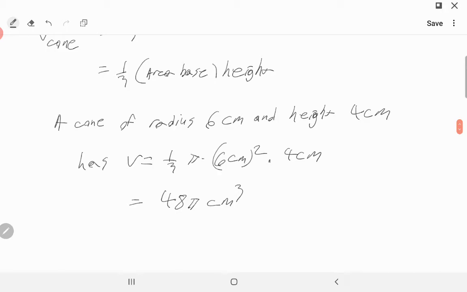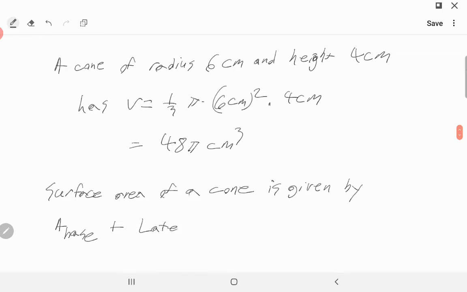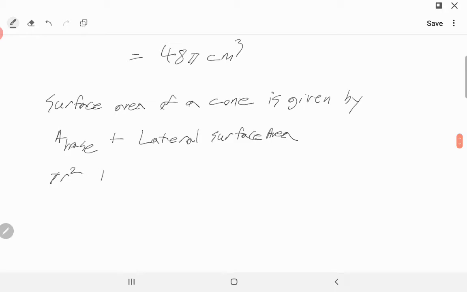So an interesting side note, we're not going to worry about this too much for the moment, is the idea that the surface area is given by area of the base plus the lateral surface area, and that's going to be pi r squared plus pi times the radius times script L, which is called the slant height.